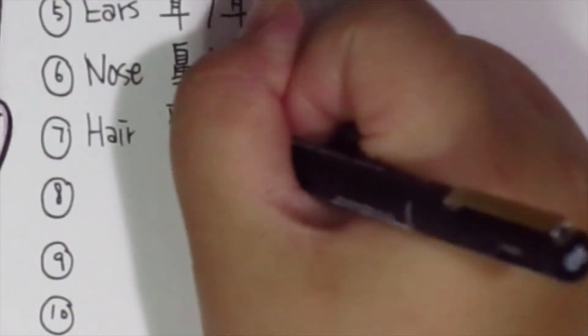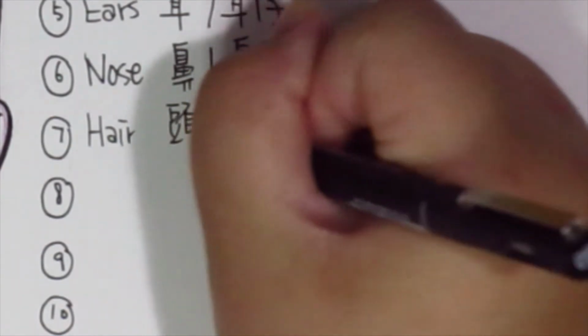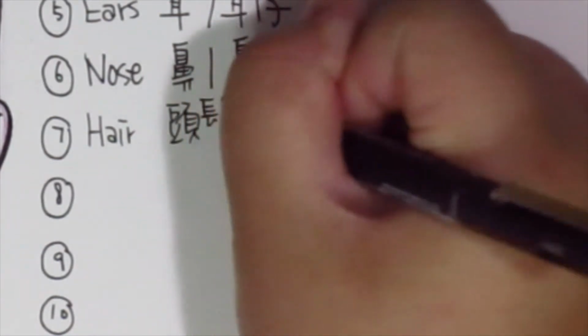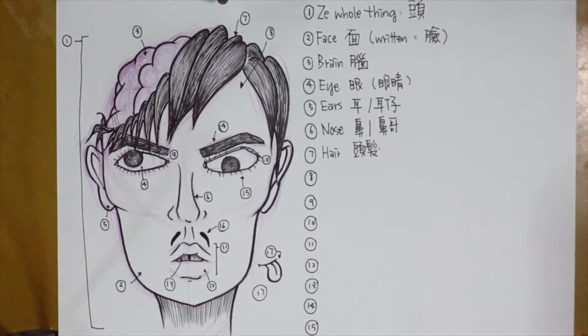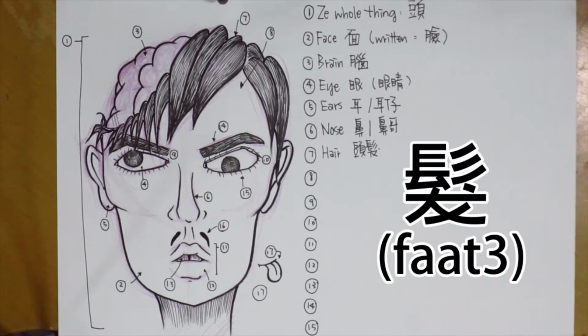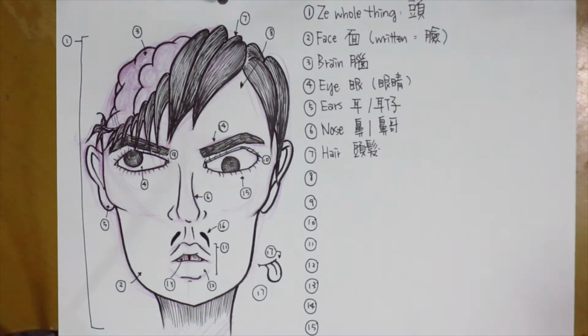Hair in Cantonese is tao fa. Yeah, the character of fa is quite complicated, so if you're learning how to write at the same time, pay a bit more attention to it, okay?